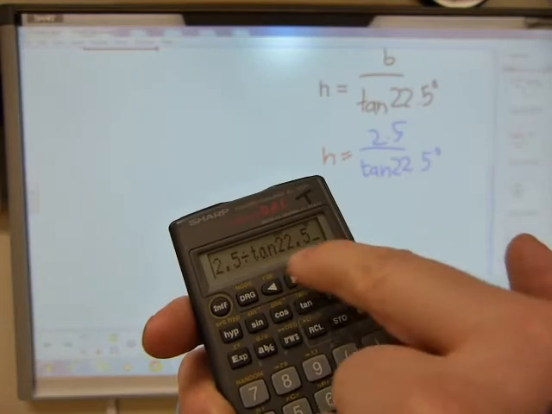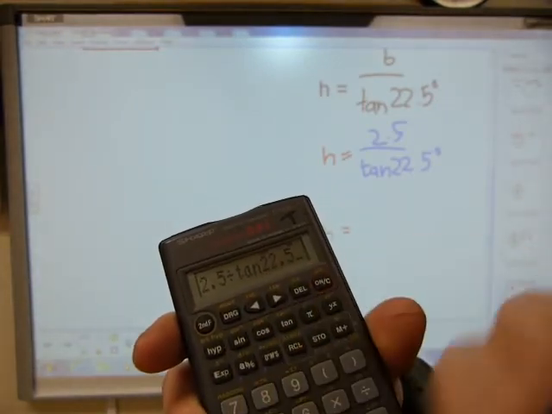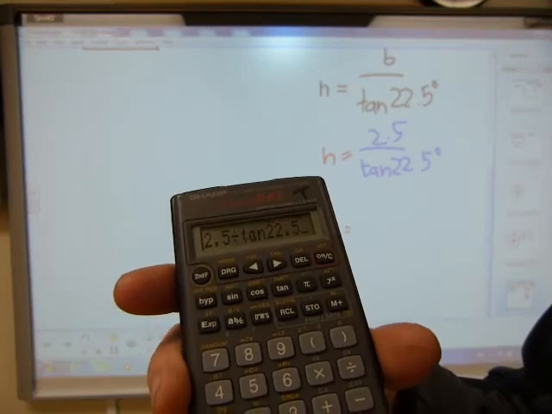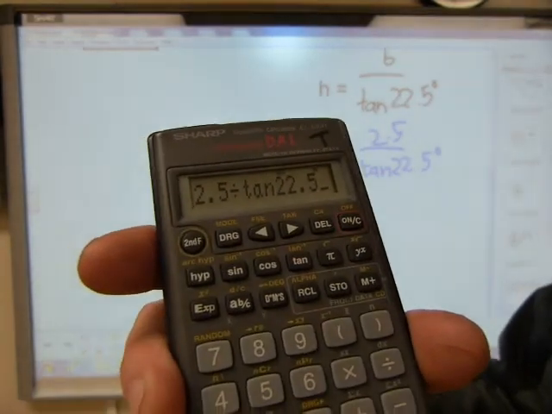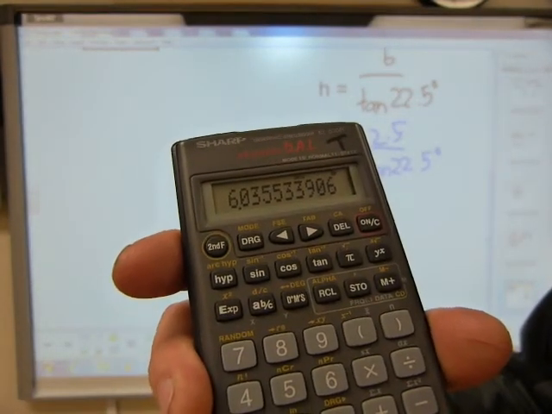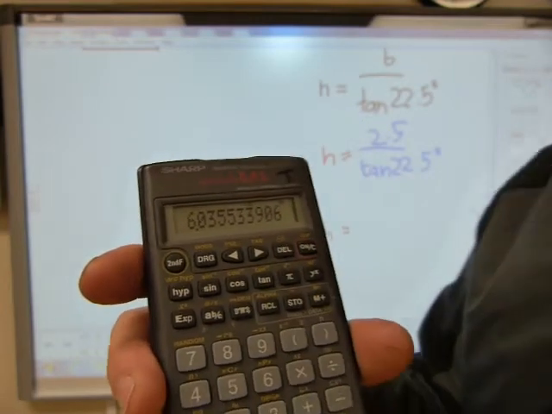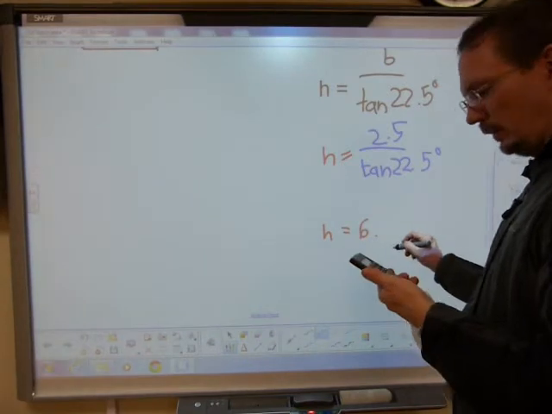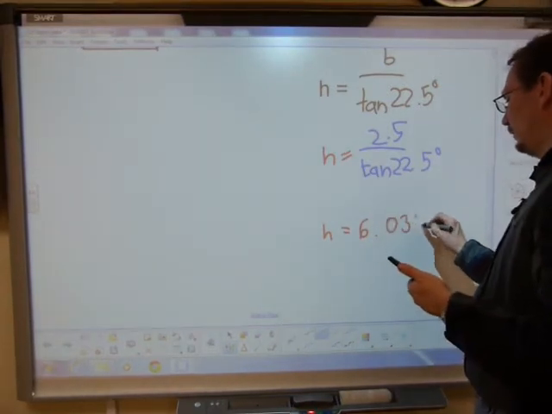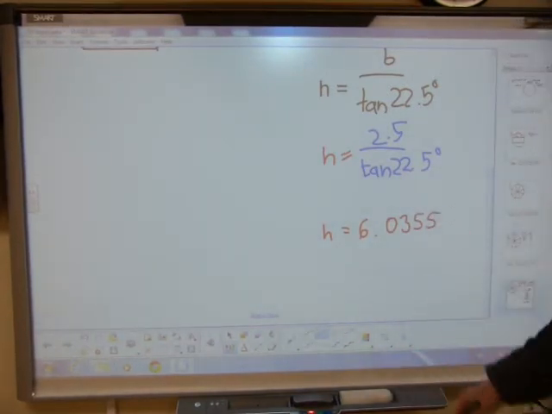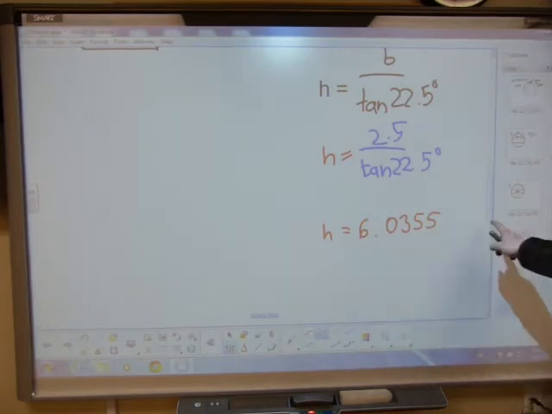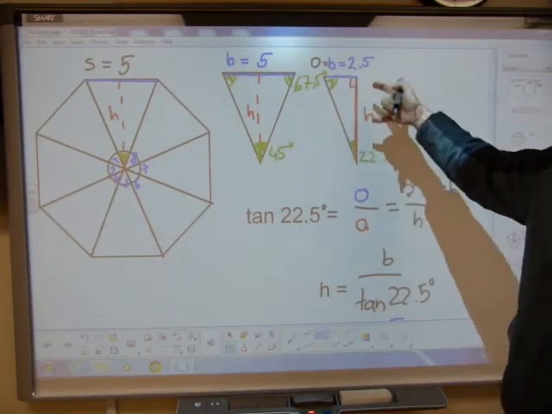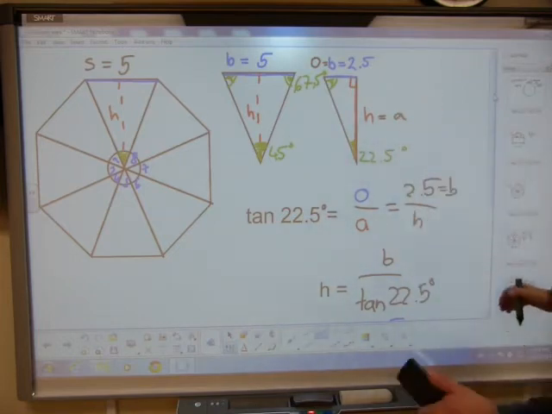On your calculator you might need to bracket this one and do 22.5 first and tangent after, whatever. Different calculators have different circuitry. The height is 6.03 plus change because there's more digits to it. I'm just gonna go 6.0355. That's enough numbers for now. That's the height of this triangle here. There, 2.5 there, and for height 6.03.